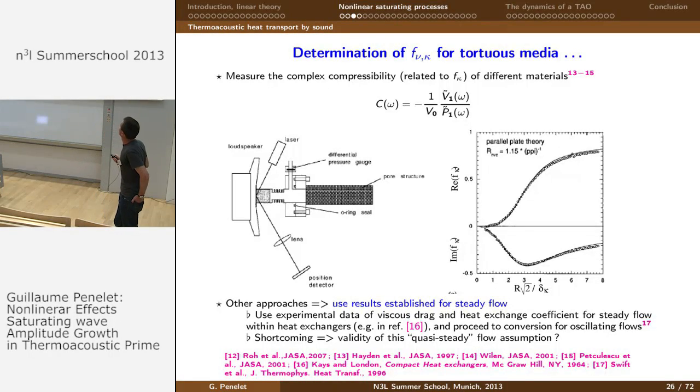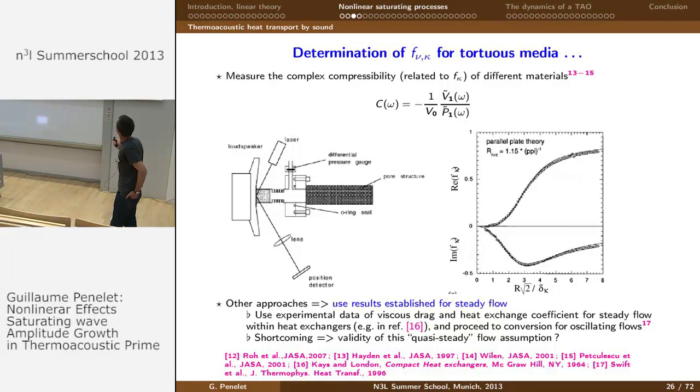So what they measure is they make a simultaneous measurement of an oscillating volume and of an oscillating pressure. And from this complex compressibility, they can calculate this function f kappa. So in this picture, you can see the evolution of the real part of this function and the imaginary part for the case of a carbon foam.